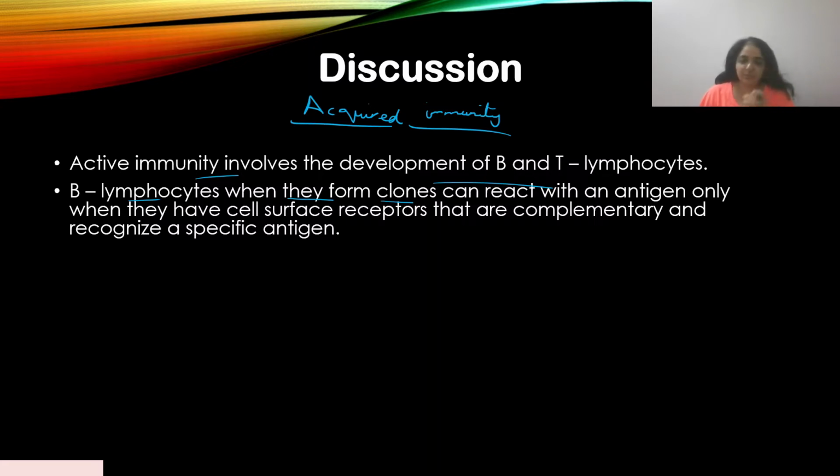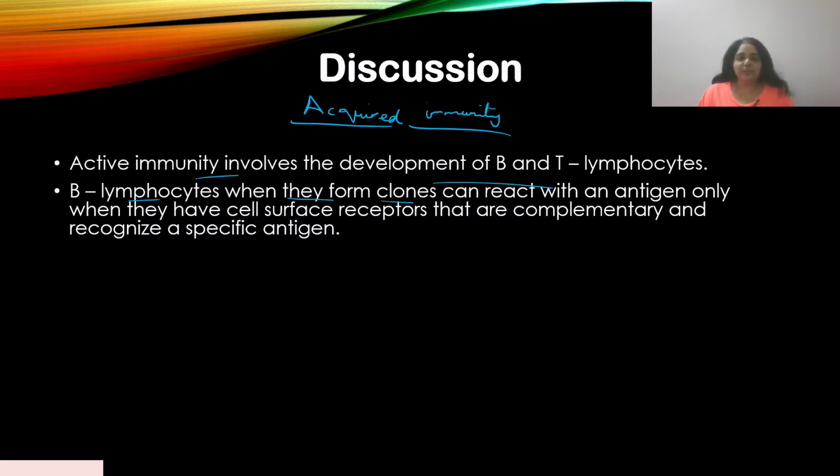That's how passive immunity is done, but they all fall into the category of acquired immunity. You're acquiring it through your lifetime. So B and T lymphocytes create that possibility in your body to acquire immunity against a pathogen, whether it's bacteria, virus, or parasite.